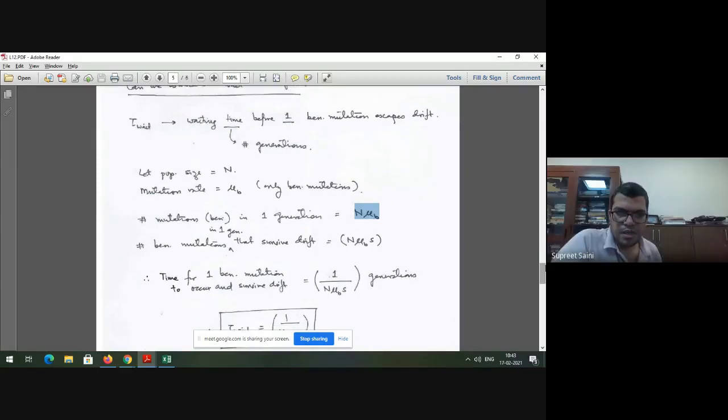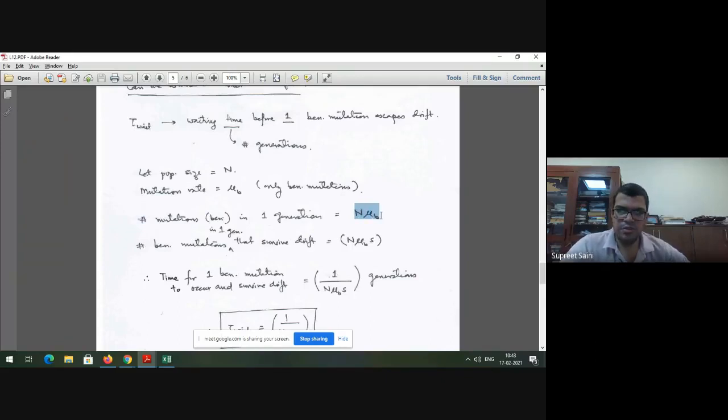Now, this gives me the number of all beneficial mutations occurring in one generation. That's N mu b. But I know that not all survive drift, right? Each one of these beneficial mutations survives drift with a probability s.